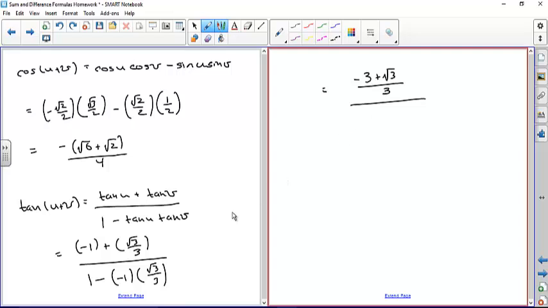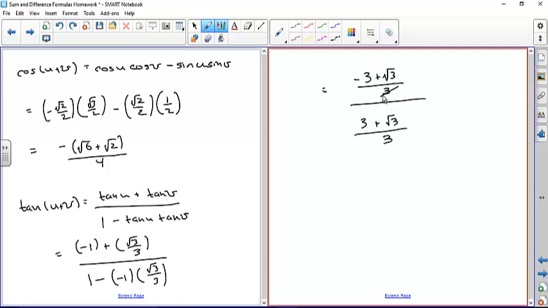And then the second one, you've got 1 plus the square root of 3 over 3. So if I multiply this by 3, I'll get 3. And then here it's plus; I don't need to multiply by 3 because it's already got a third. So this is going to be 1 plus the square root of 3, all divided by 3.